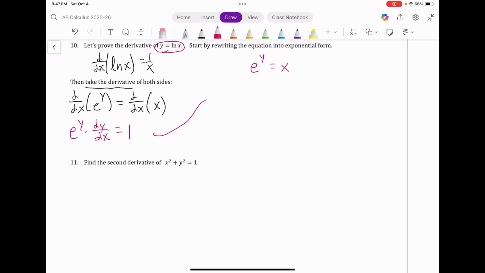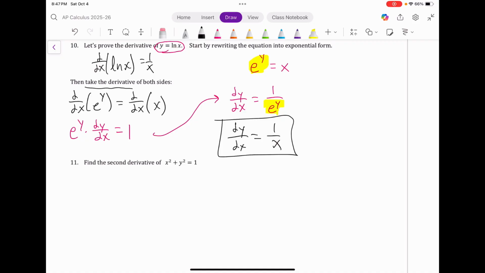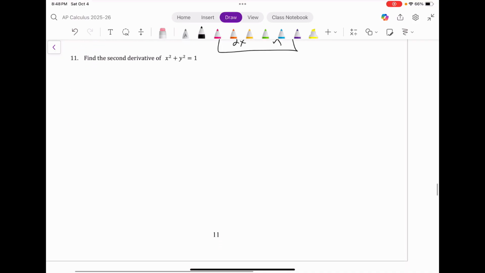All right, so isolate dy dx by dividing by e to the y. So we get 1 over e to the y. All right, and what do we know e to the y really to be? Well, we really know it to be x. So the derivative is equal to 1 over x. Okay, there's the proof for why the derivative of natural log of x equals 1 over x.